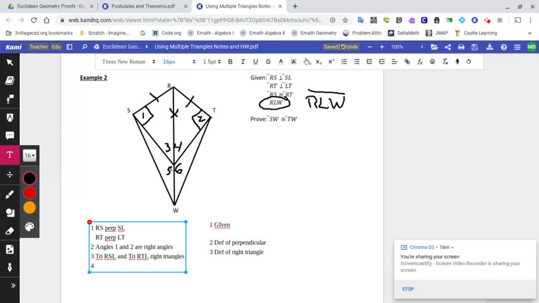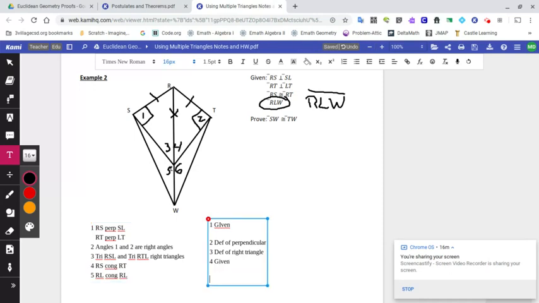So 4, my other given is RS congruent to RT. 4 is given. And then I can also say 5, RL congruent to RL. 5, that's reflexive.